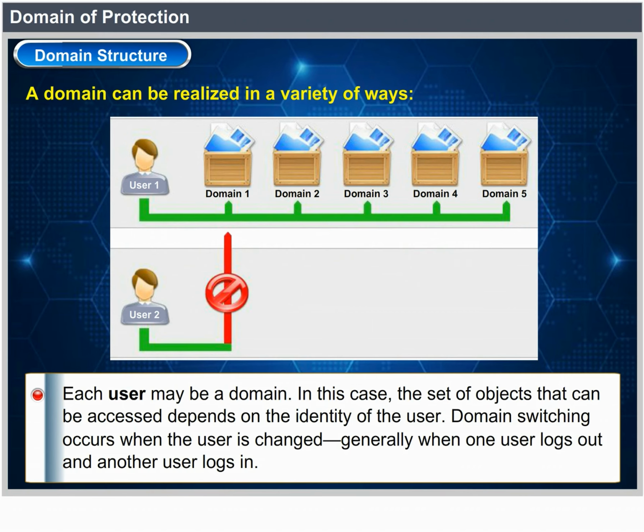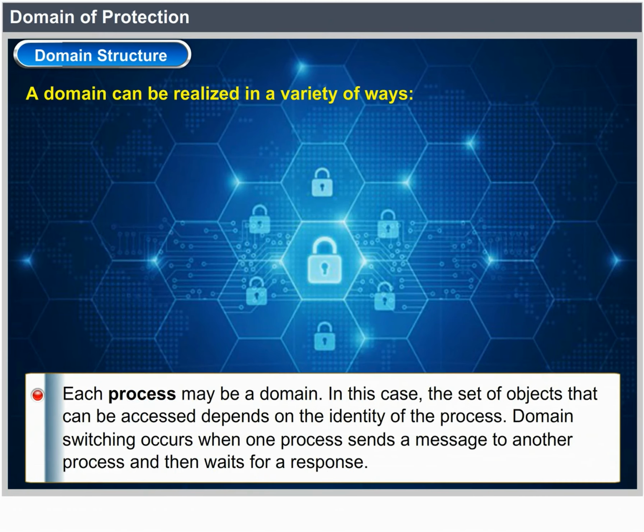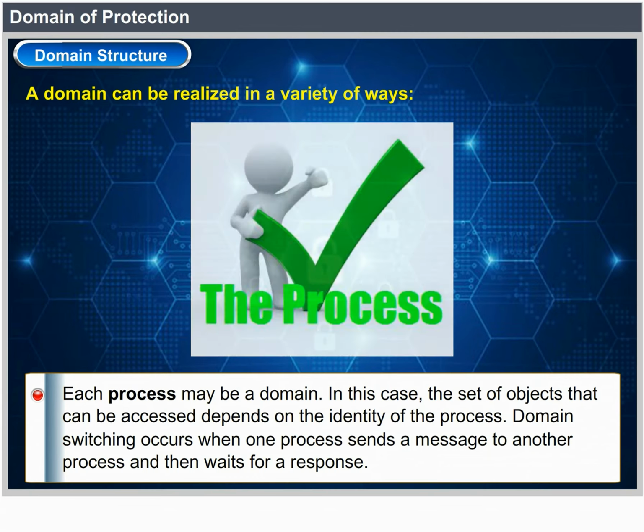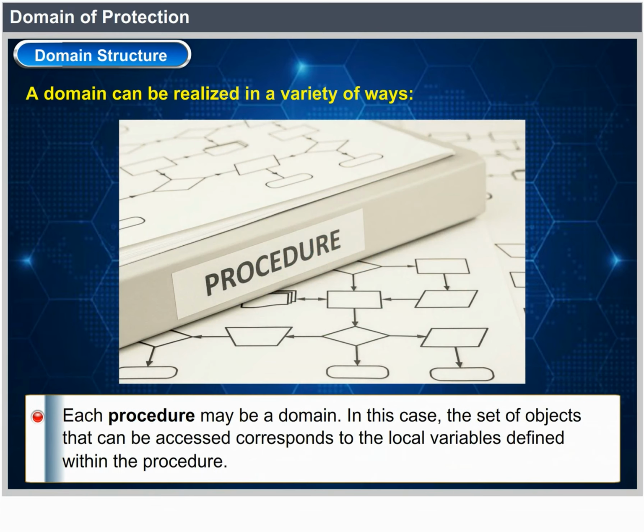In this case, the set of objects that can be accessed depends on the identity of the process. Domain switching occurs when one process sends a message to another process and then waits for a response. Each procedure may be a domain. In this case, the set of objects that can be accessed corresponds to the local variables defined within the procedure. Domain switching occurs when a procedure call is made.